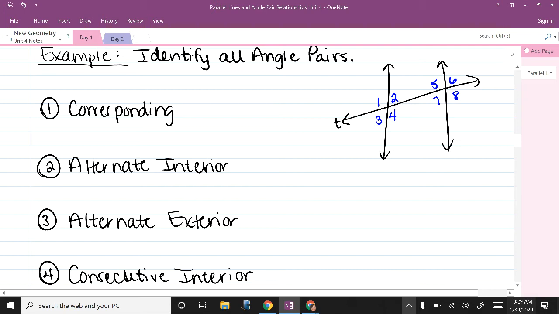Gotta learn the relationships. So draw the picture on your page and make sure you label the number angles like I have labeled it.